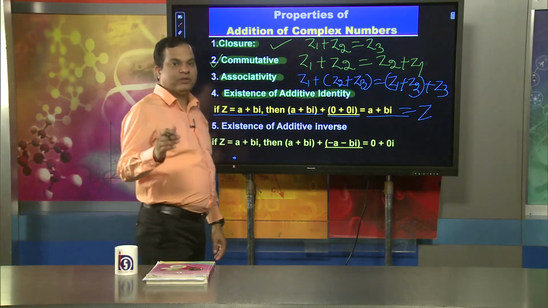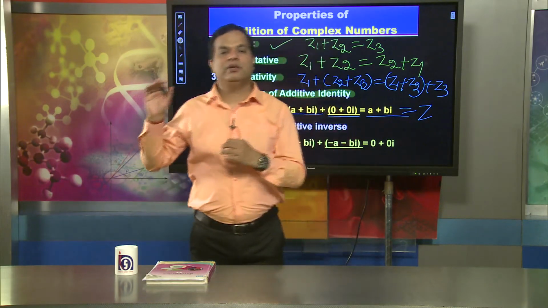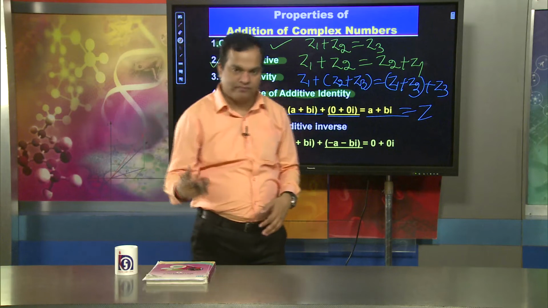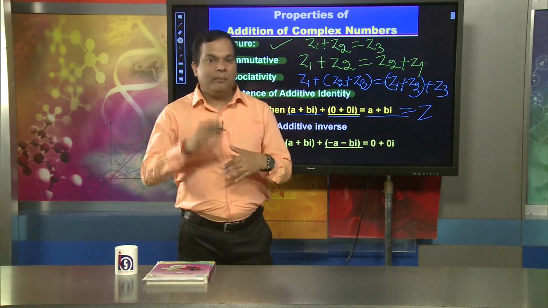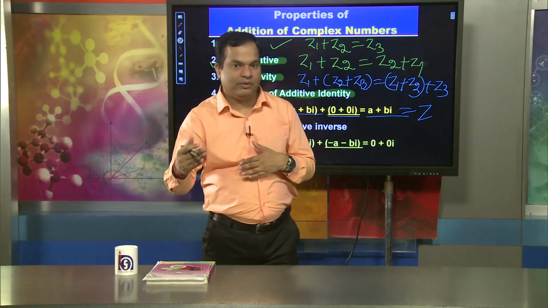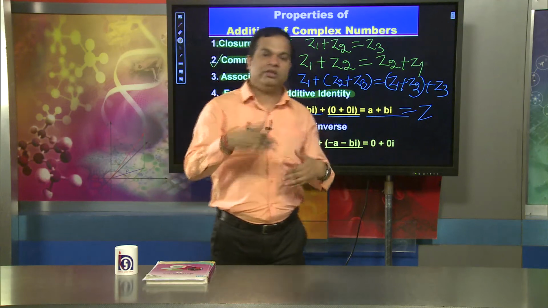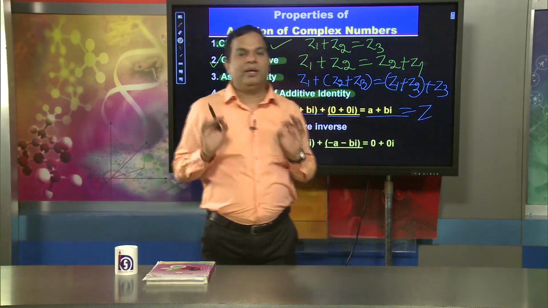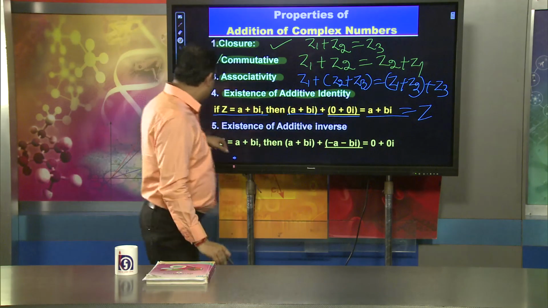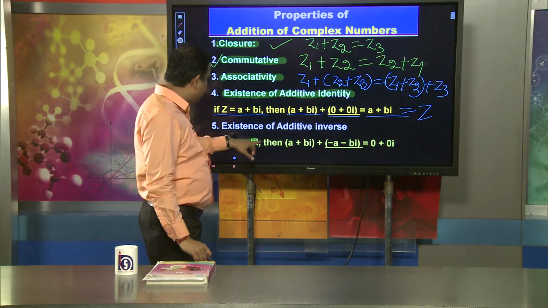Additive inverse means, for example, in the case of a real number, a plus minus a equals 0. Similarly, in the case of a complex number, suppose z is a complex number and we take minus z, the negative of the complex number. When we add it with the positive, we will find 0. Suppose z equals a plus bi.